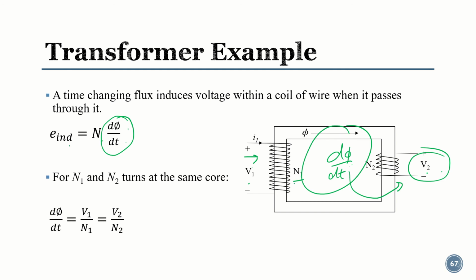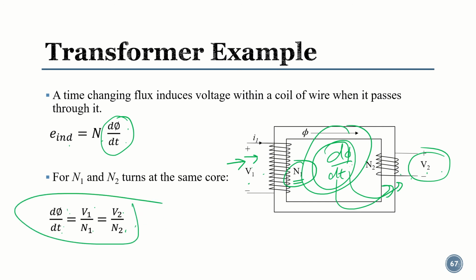So if we have N number of turns, then the rate of change of flux is the ratio of the input voltage divided by the input number of turns, or the output voltage divided by the output number of turns. So this primary side current induces the flux, and the rate of change of flux induces the voltage at the secondary terminals. This is the general formula of transformer working.